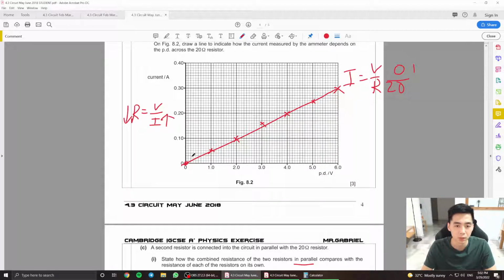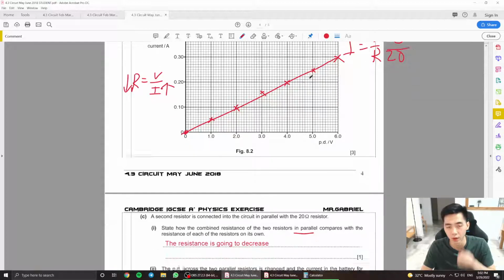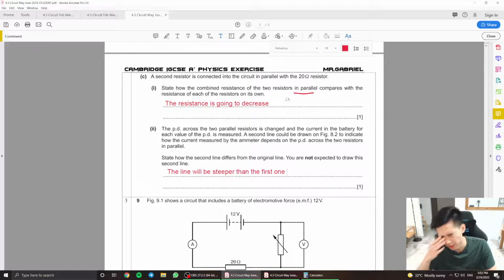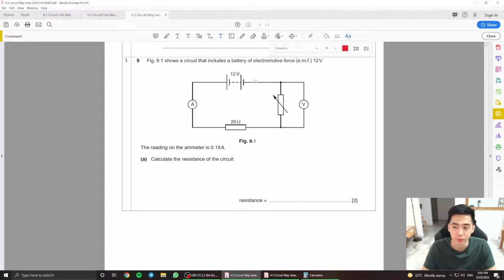So it's supposed to have a steeper line, guys, right? The line will be steeper than the first one. Or just write greater gradient or anything that's logical, that is definitely acceptable as well.